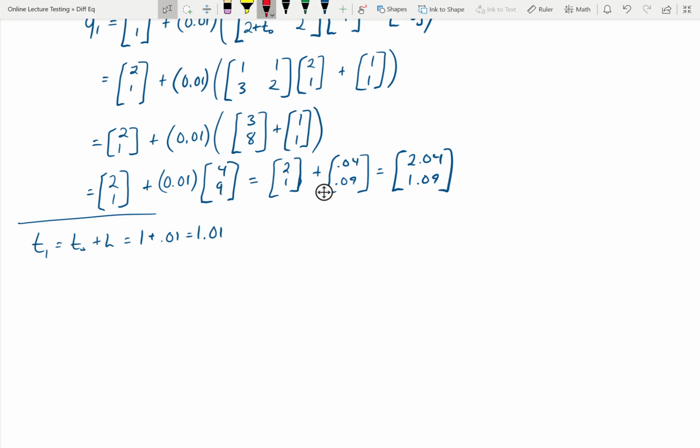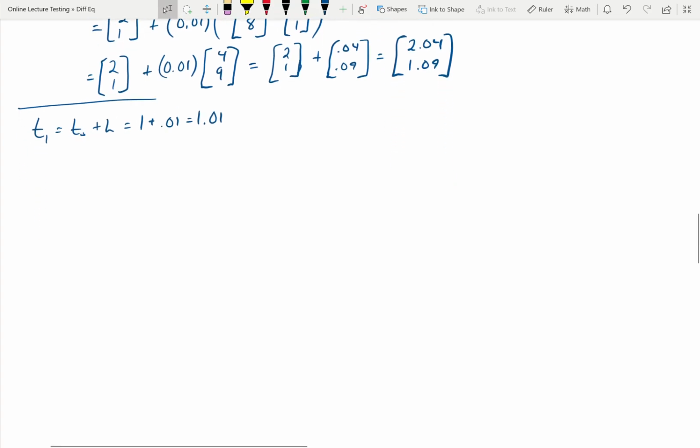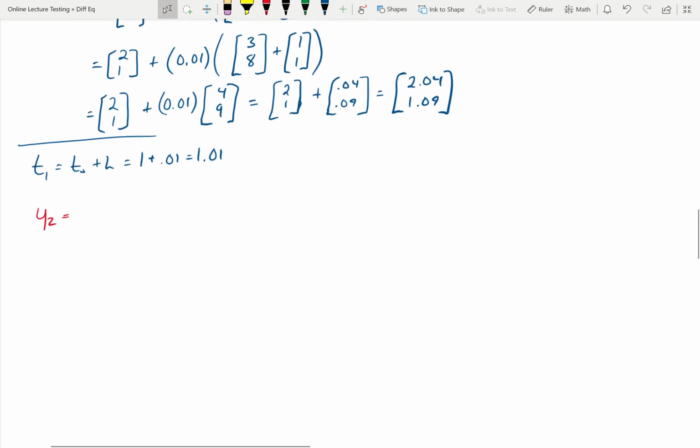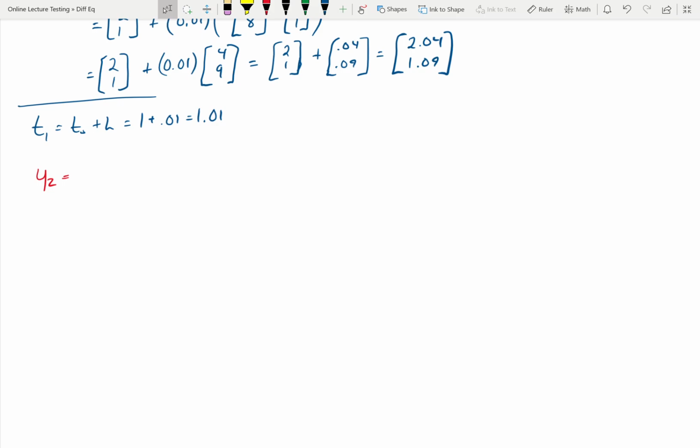I'm going to do this one in red so it's color-coded a little bit. So that means y2, because we just found y1, so we're finding y2 now, is equal to y1 plus h, P of t1, y1, plus g of t1.